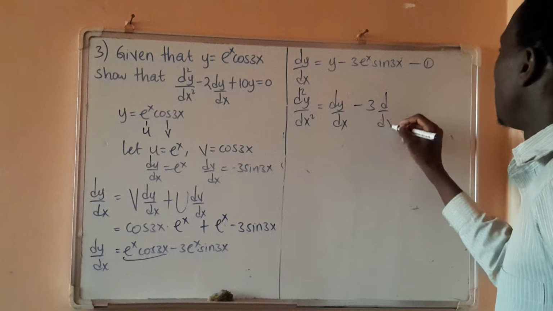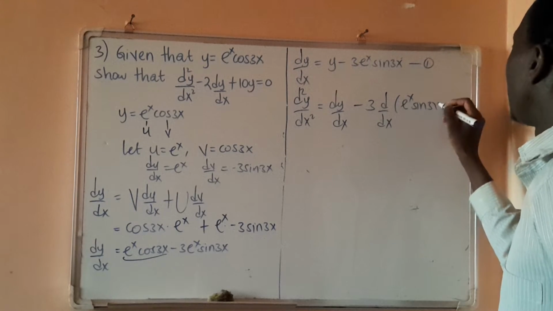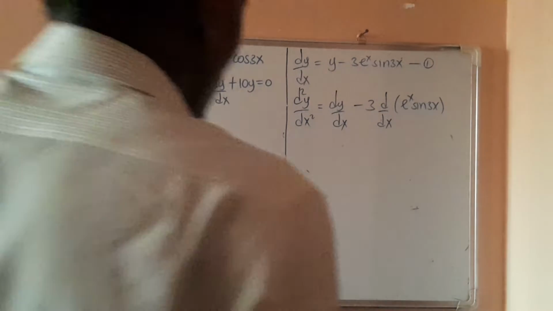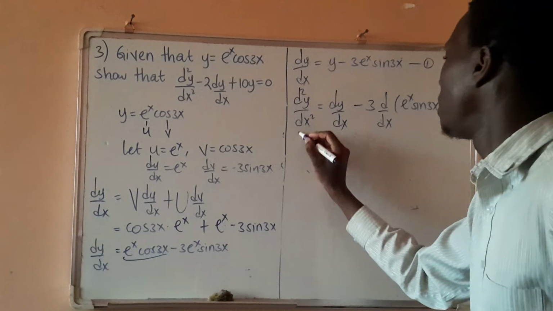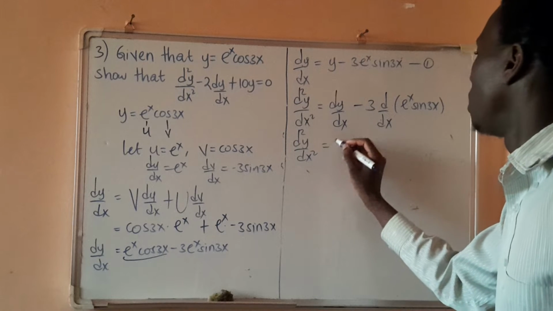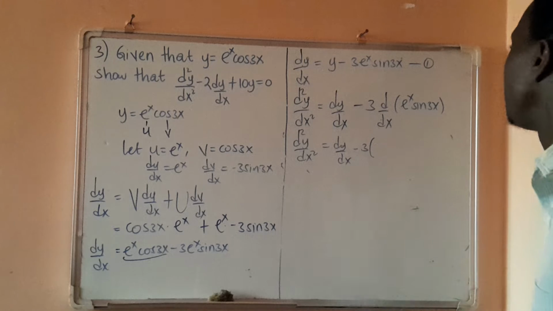We are going to differentiate this function here with respect to x. Now we substitute. We evaluate this derivative. So this is equal to dy dx, then minus 3.